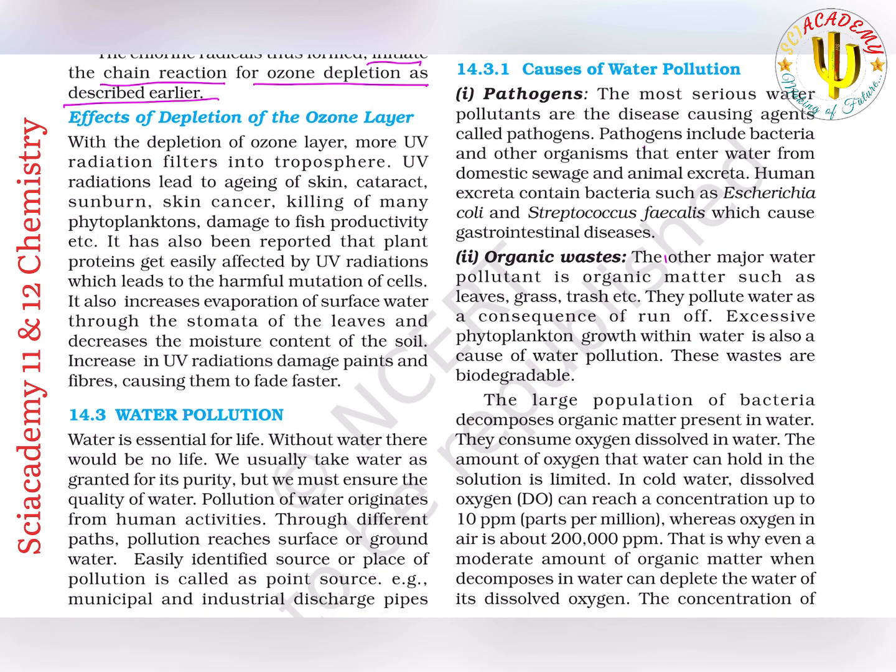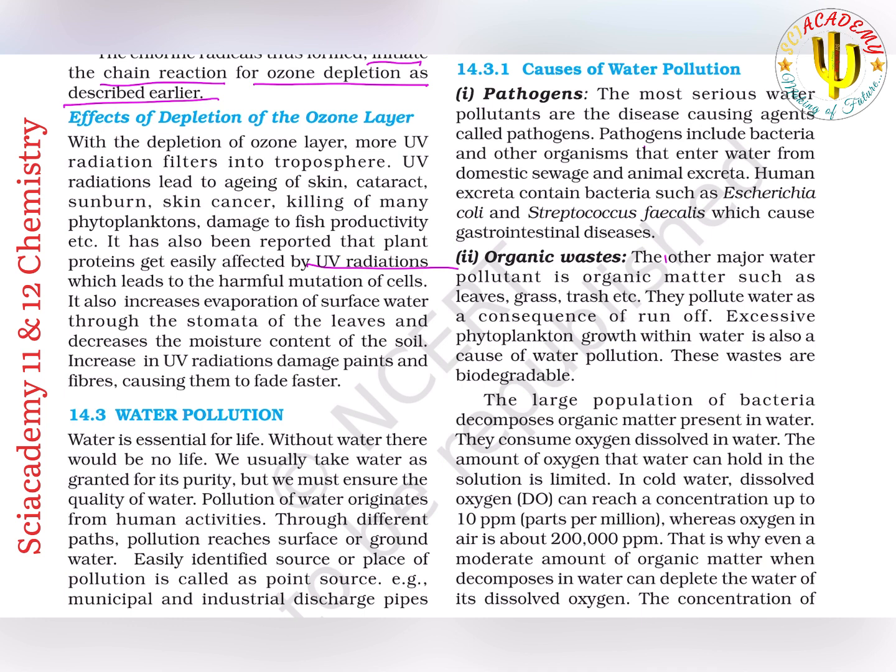With the depletion of ozone layer, more UV radiation filters into the troposphere. UV radiations lead to aging of skin, cataract, sunburn, skin cancer, killing of many phytoplanktons, damage to fish productivity, etc. It has also been reported that plant proteins get easily affected by UV radiation, which leads to harmful mutation of cells.